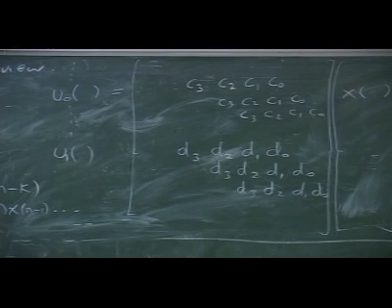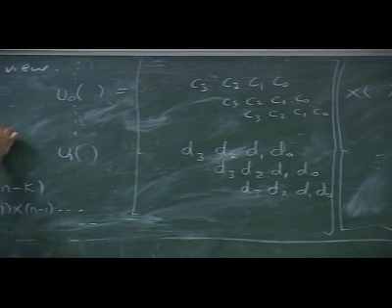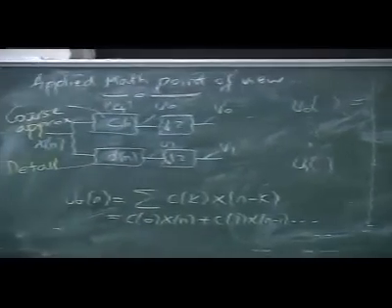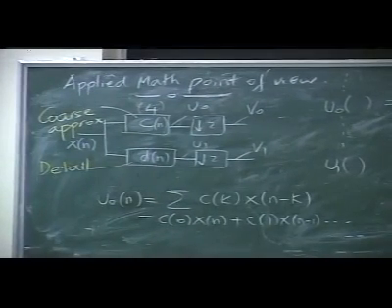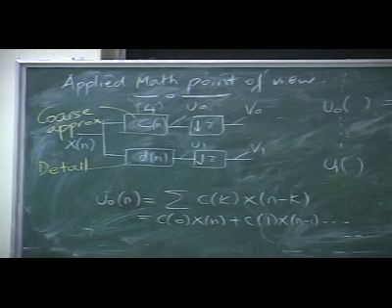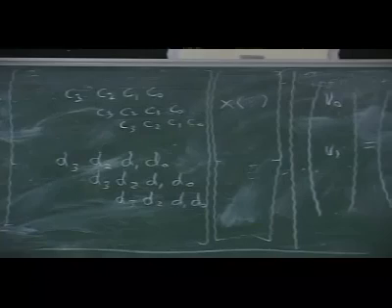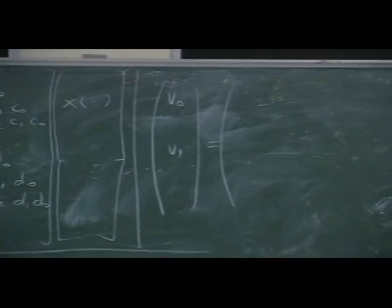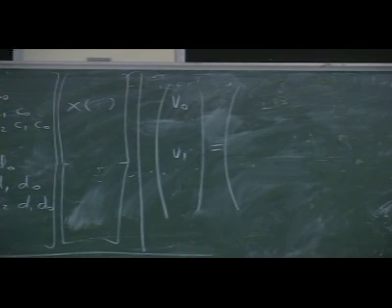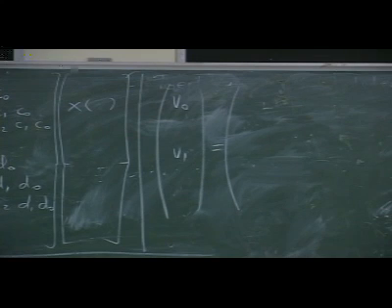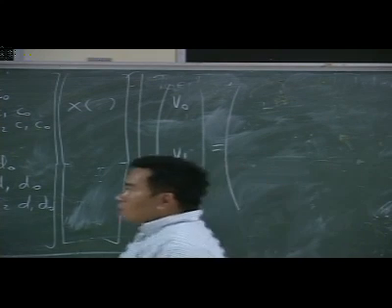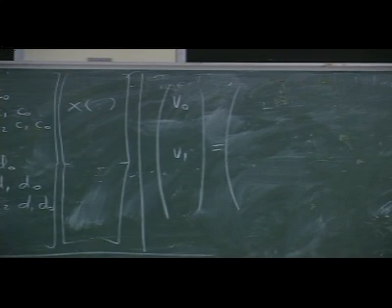Let's look at V0 and V1. How do I represent V0 and V1? What's the difference between V0 and U0?